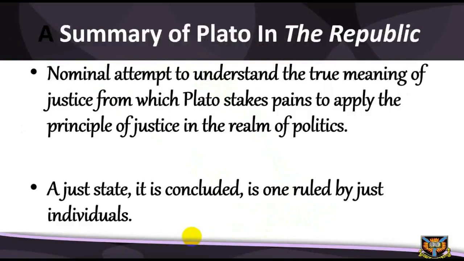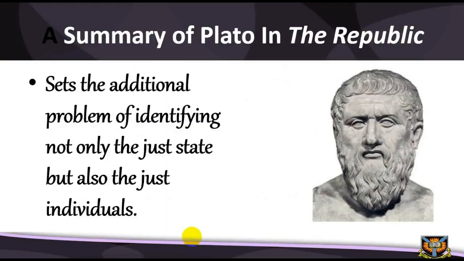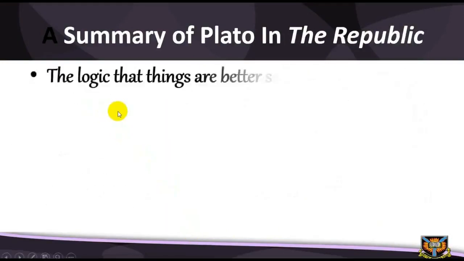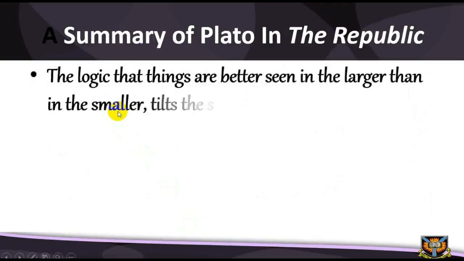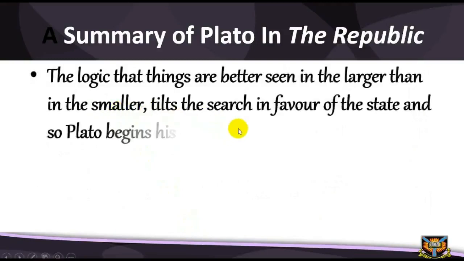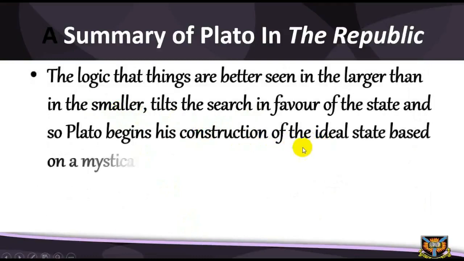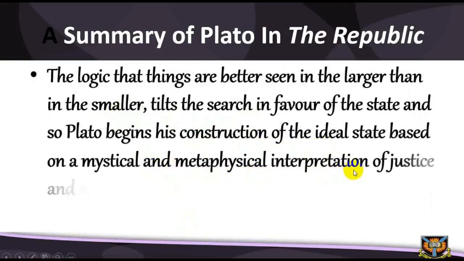The logic that things are better seen in the larger than in the smaller tilts the search in favor of the state. And so, Plato begins his construction of the ideal state, based on a mystical and metaphysical interpretation of justice and nature. The ideal state can only be fully understood in the context of his theory of forms or ideas.